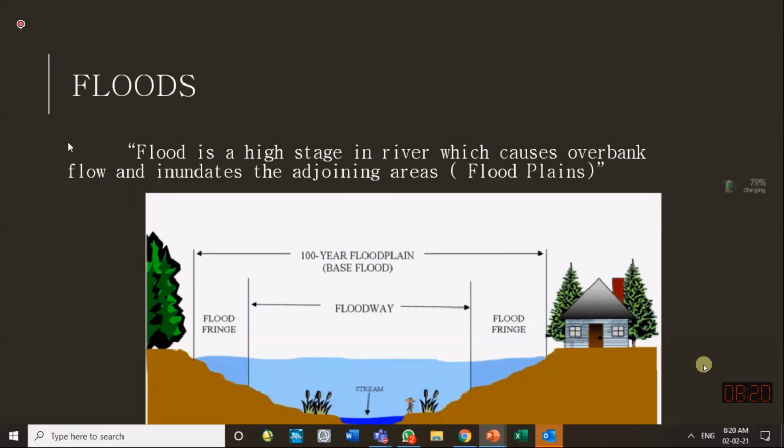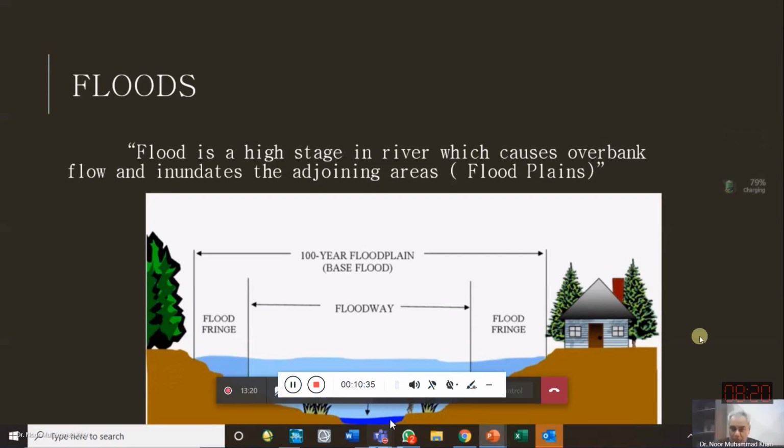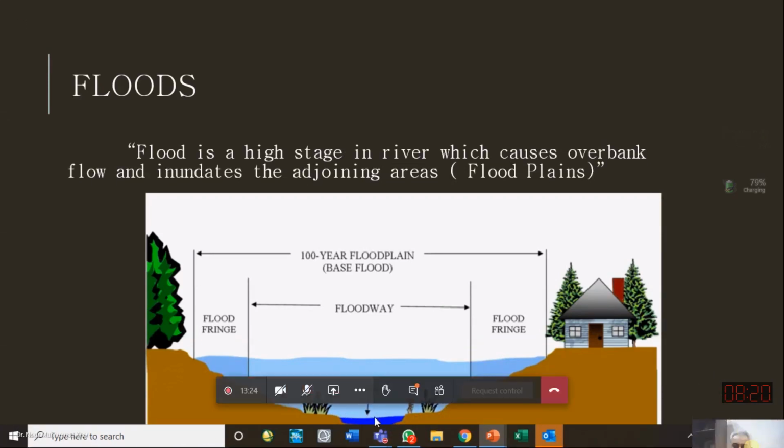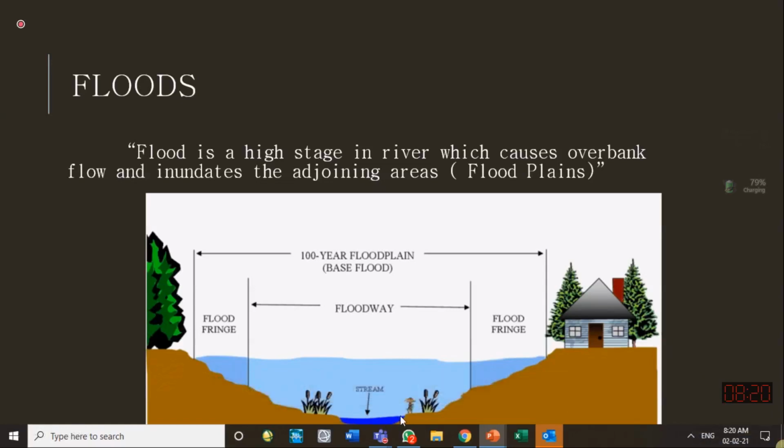The main channel is in the middle, which remains inundated, underwater throughout the year. When water level goes beyond the banks of the main channel, then we say flooding is there.